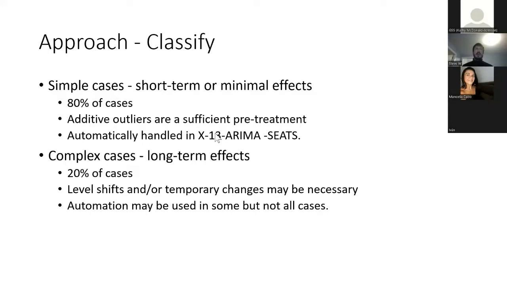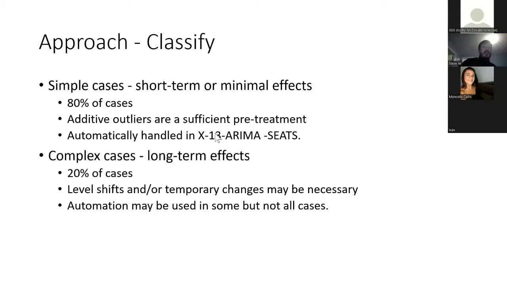The way we worked that was implementing the Pareto 80-20 rule. We hypothesized that 80% of our series are quite simple to handle and similar to what we were doing. We wanted to classify those simple cases, which don't really require any pre-treatment at all, or only additive outliers.